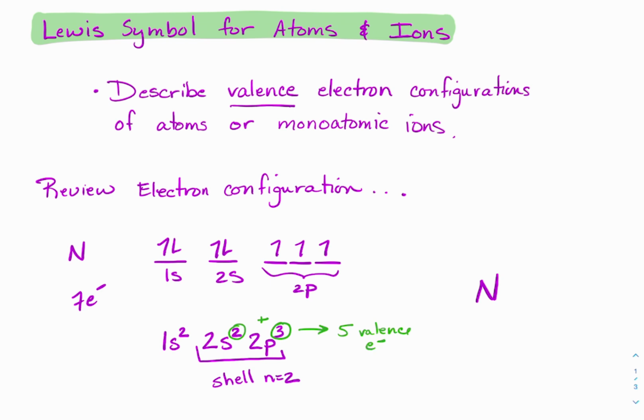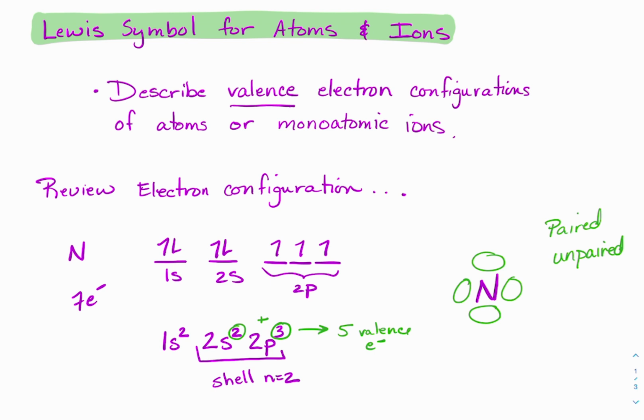And we're going to place those valence electrons in a pattern that is indicative of the orbital diagram. We can only place electrons to begin with in our Lewis symbol for atoms and ions in a location that's on the left, the right, the top, or bottom of that symbol. And we place them in a way that we can either do paired electrons or unpaired electrons.